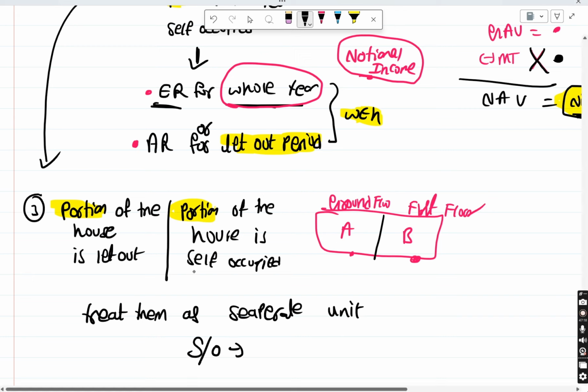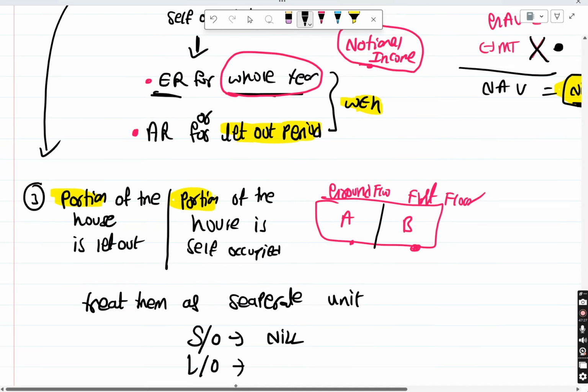If it is a self occupied property, then you can claim the nil benefit. For a let out property, we will charge like normal. How do we charge? The same way: municipal value, fair value, whichever is higher, all these things.